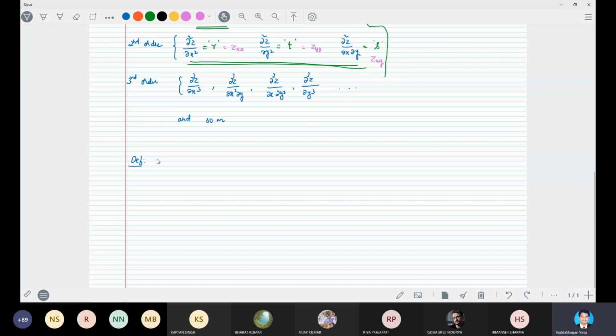And now let's see another definition, which is the order of a differential equation. How can we define the order of a partial differential equation? It is the number of times it is differentiated.